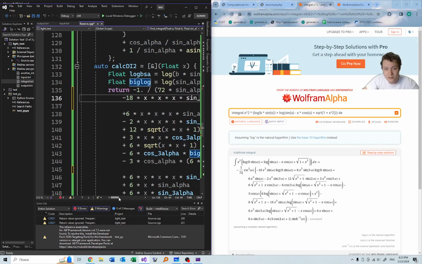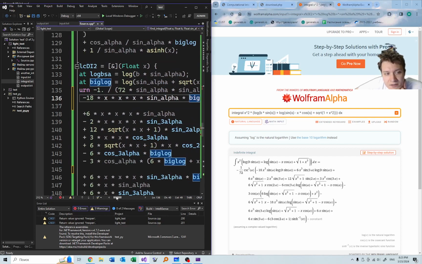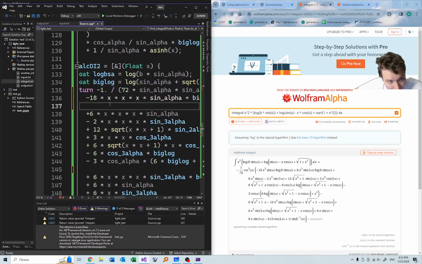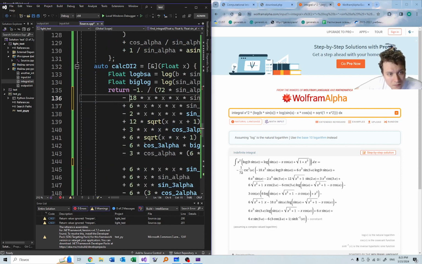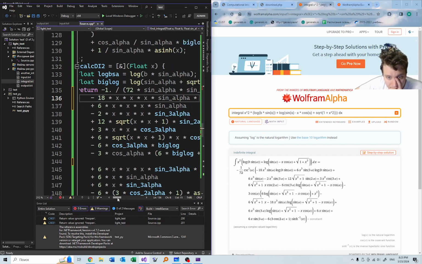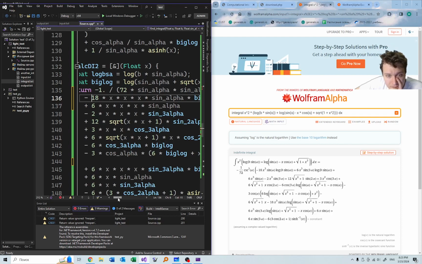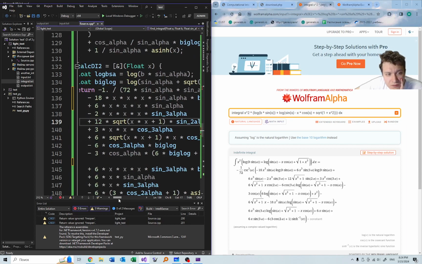First of all, minus 18 x cubed sine alpha logarithm BSC. Plus 6x cubed sine alpha. We have it here. Minus 2 x cubed sine 3 alpha. Plus 12 square root of x squared plus 1 sine 2 alpha. Plus 3x squared cos 3 alpha.